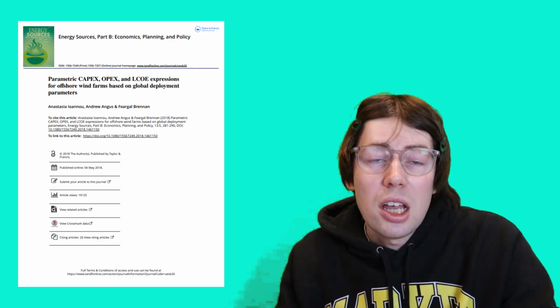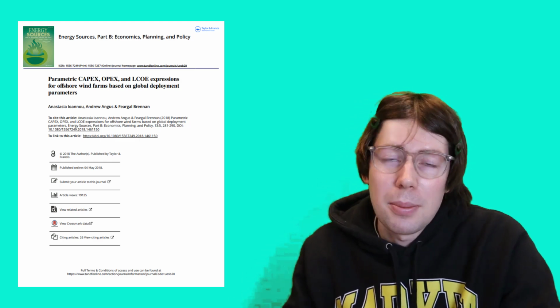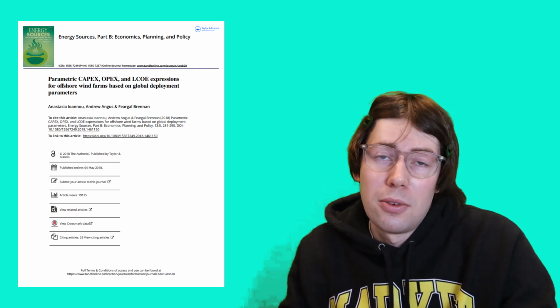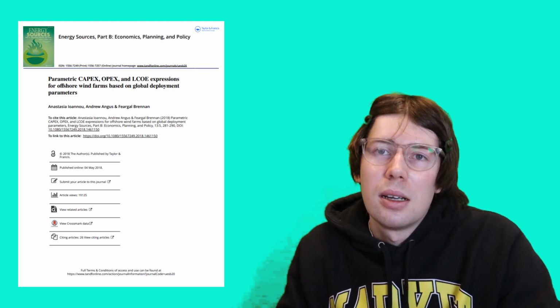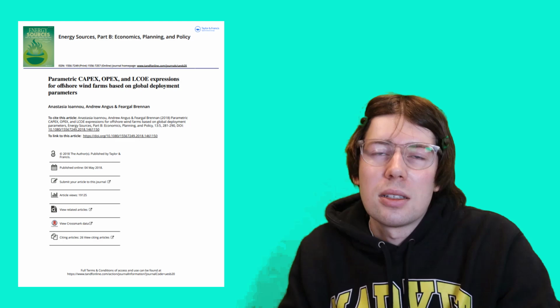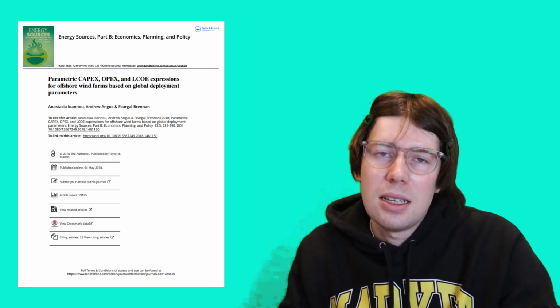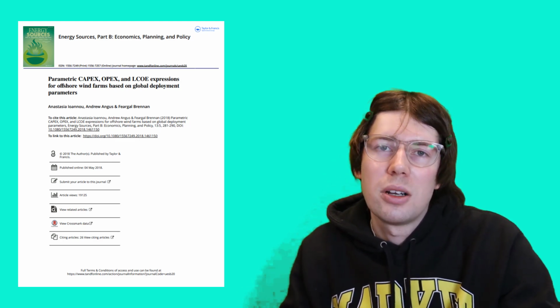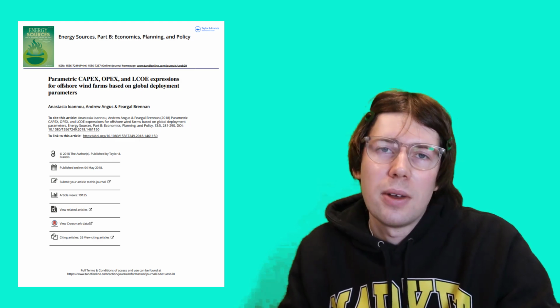Of course, the size of the wind farm itself, measured in installed capacity, nameplate capacity, could be measured in megawatt. The bigger the wind farm, the more obviously it is going to cost. And another cost driver that this sort of empirical research has identified is the capacity, not of the wind farm, but the turbines themselves, the wind turbine generator. And this one is interesting because it has the opposite effect.